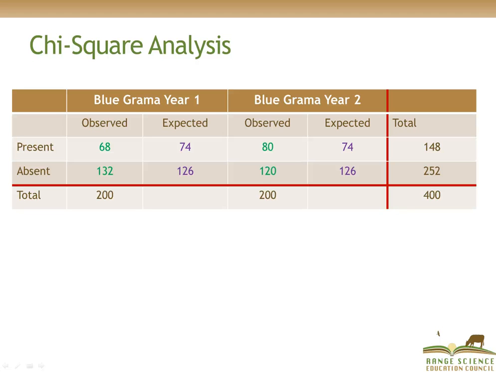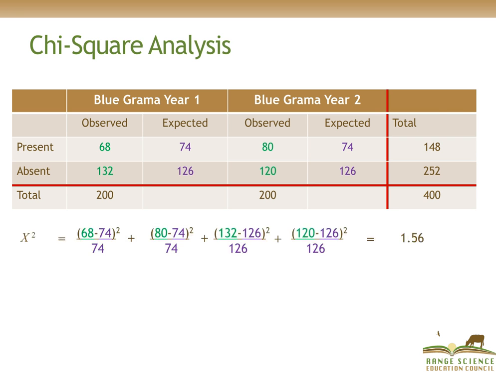Our observed proportion: we had 34% frequency out of 200 quadrats, so 68 present and 132 absent. That was in year 1. And then in year 2, we had 80 observed present out of 200 and 120 observed absent out of 200. The expected values are 74 and 126.